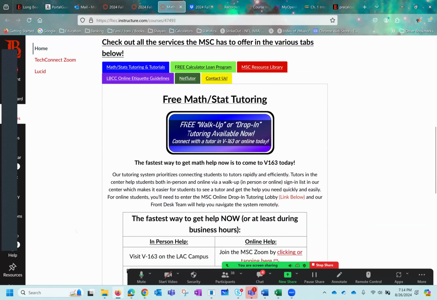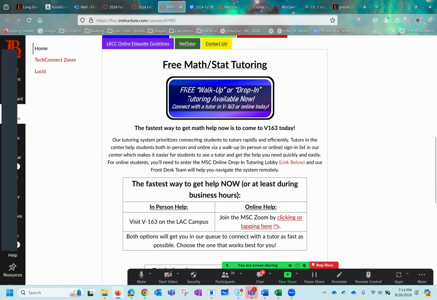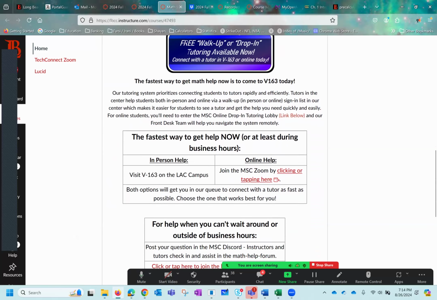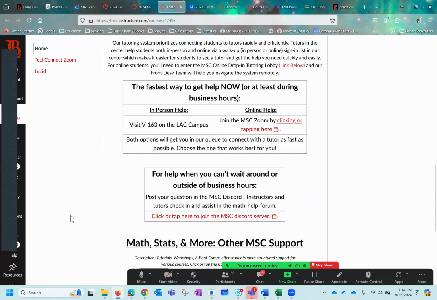So free math stat tutoring is here. The fastest way to get help now, or at least during the business hours, in person, you have to go to their location, and online you can use the Zoom meeting.